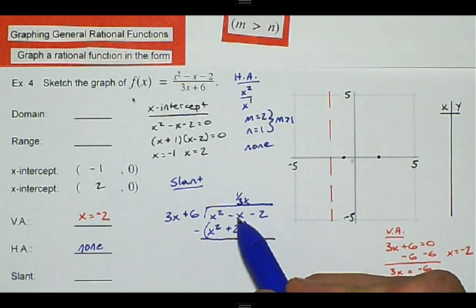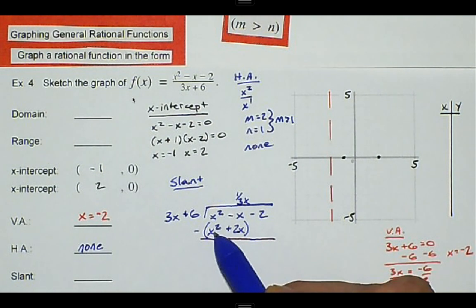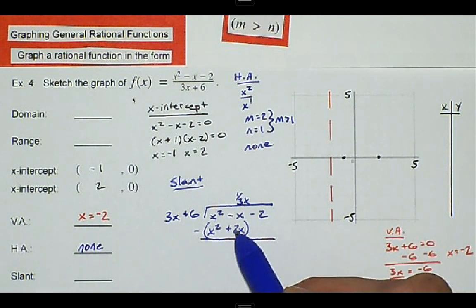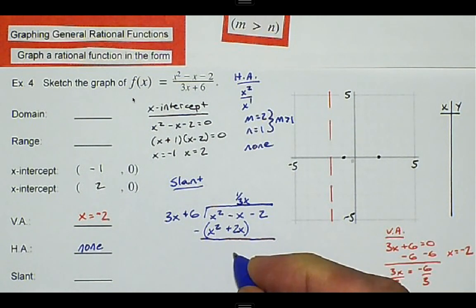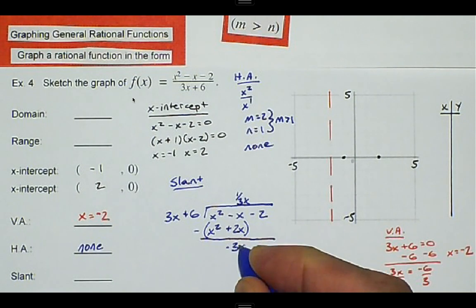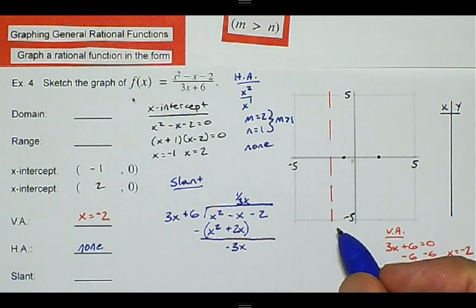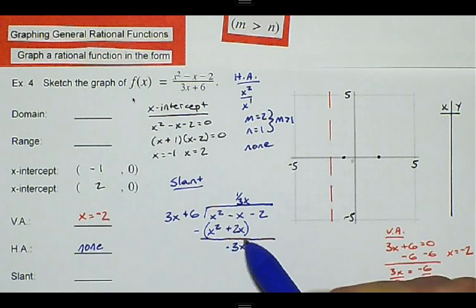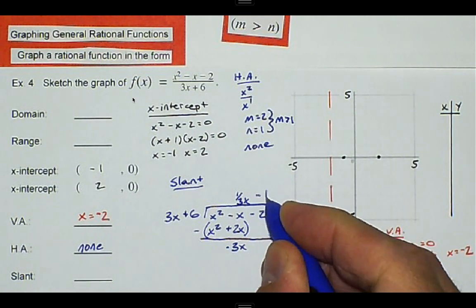So x squared minus x squared, that drops out. And negative x minus 2x becomes negative 3x. And then how does 3x become negative 3x? Well, we have to multiply by negative 1.